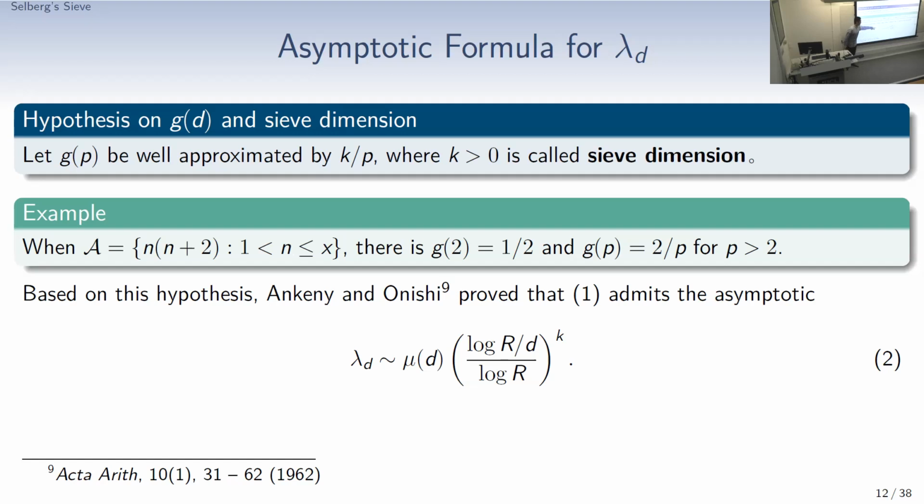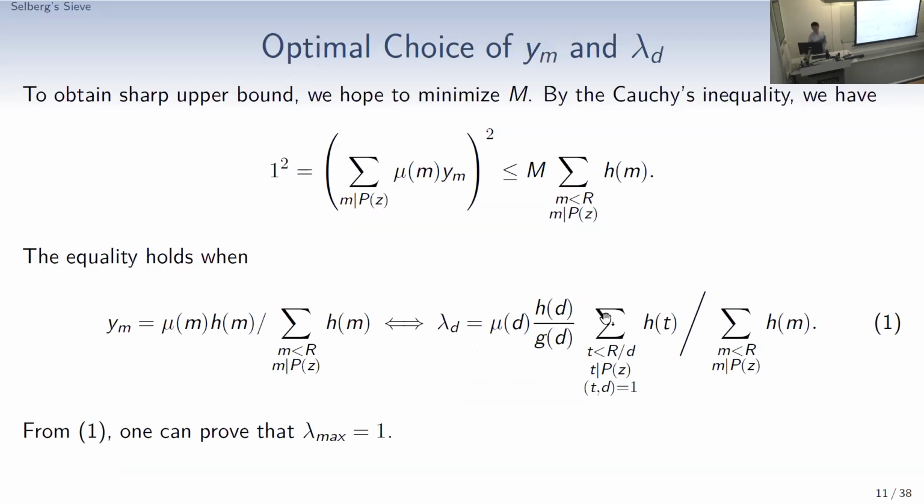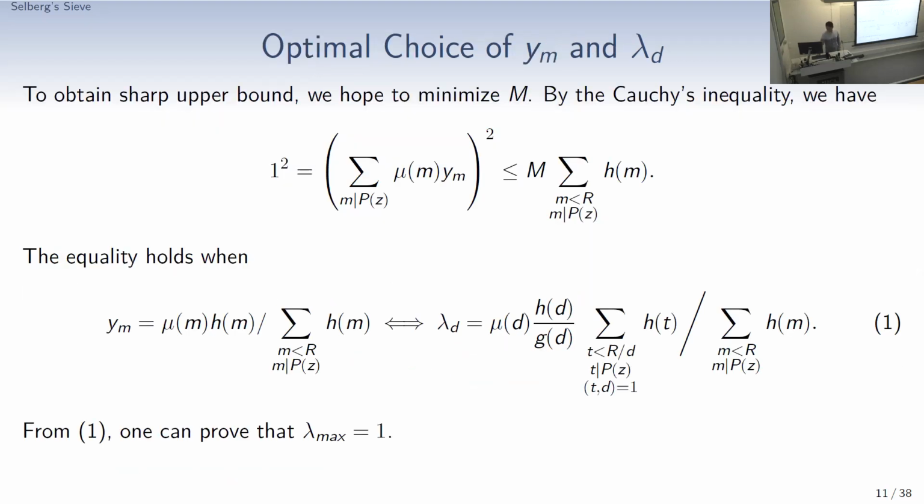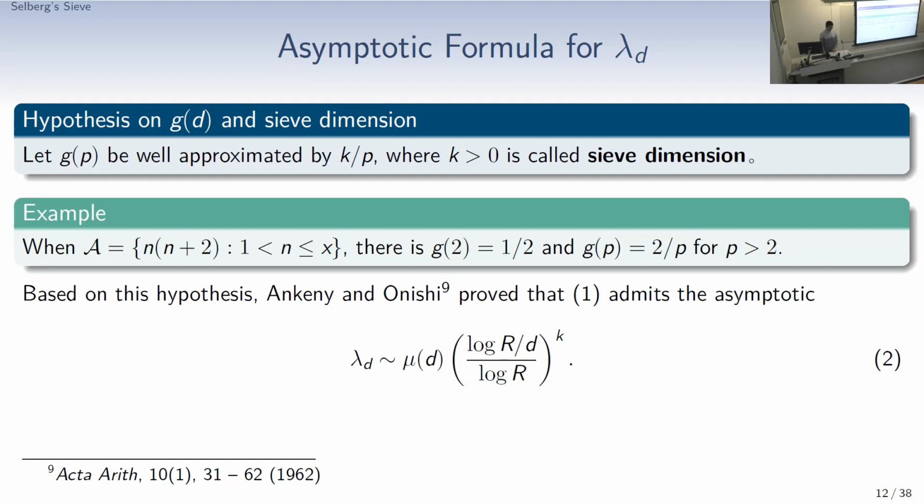It's an asymptotic expression for the optimal form of lambda, which means that if we plug in this equation 2 instead of this gigantic equation 1 into the Selberg sieve, we will produce results that are equivalently optimal. So we can work with this one in the future, but not this one. That's the asymptotic formula for lambda, and that's everything about the Selberg sieve. So we can finish up this section and move on.